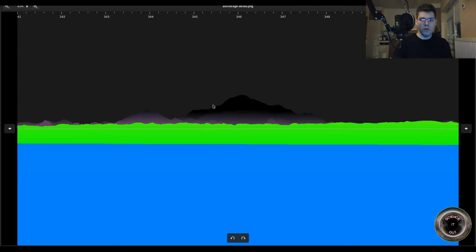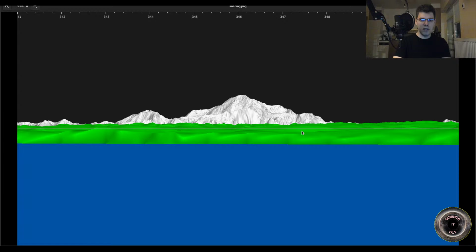So this is a view of Mount Denali from Anchorage in Alaska, and you can see that it doesn't look that good, especially since I was showing you some images I generated with the newer coloring scheme already. So you can now compare what that looked like to what this looks like, and as you can see, it wasn't very pretty. And if we compare it to the new coloring scheme, it looks like this. I will talk about it in a moment.